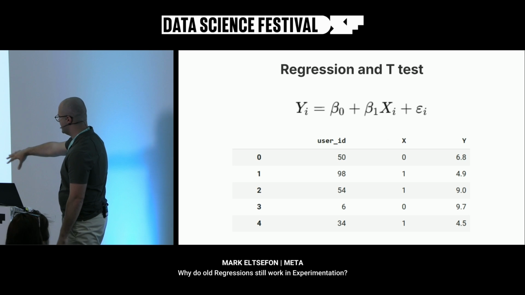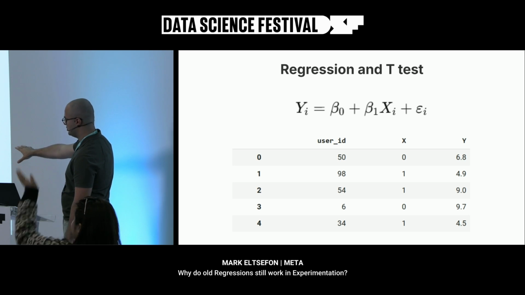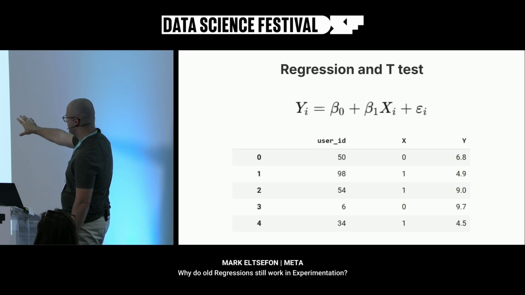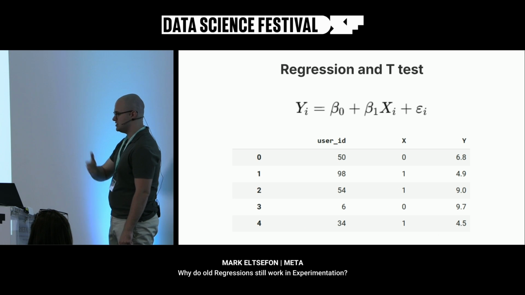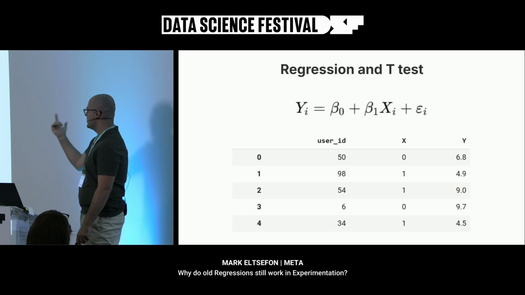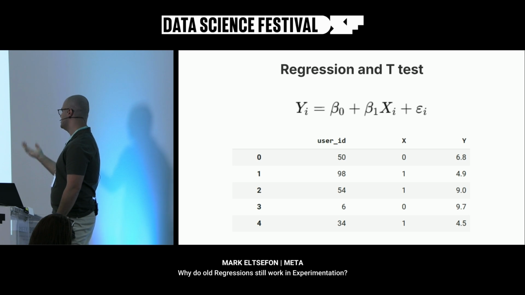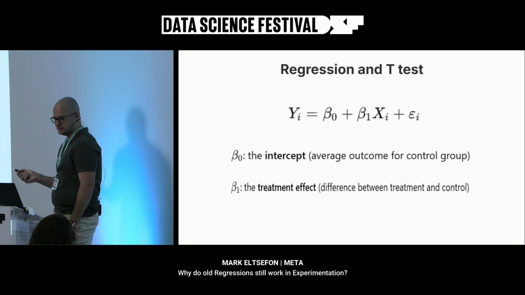This table shows how it's going to look when we're running an experiment. We have user ID, which is not very important. X is either 0 or 1, so it's either control or treatment group, and y is our target metric. For example, here it can be average duration of the sessions.